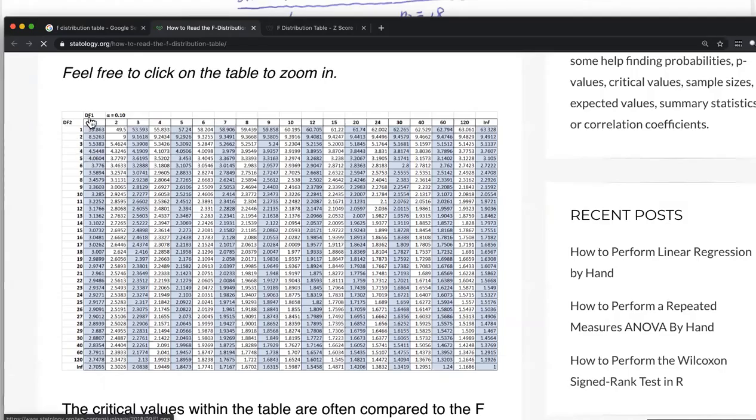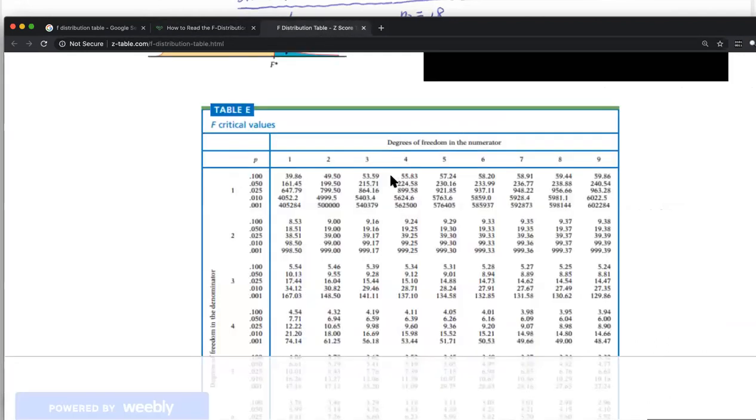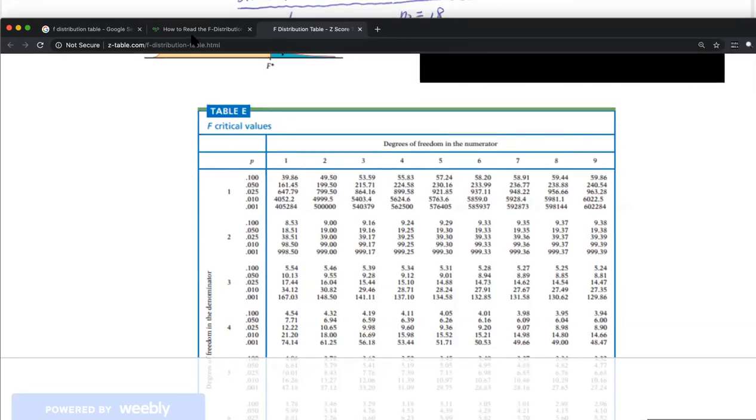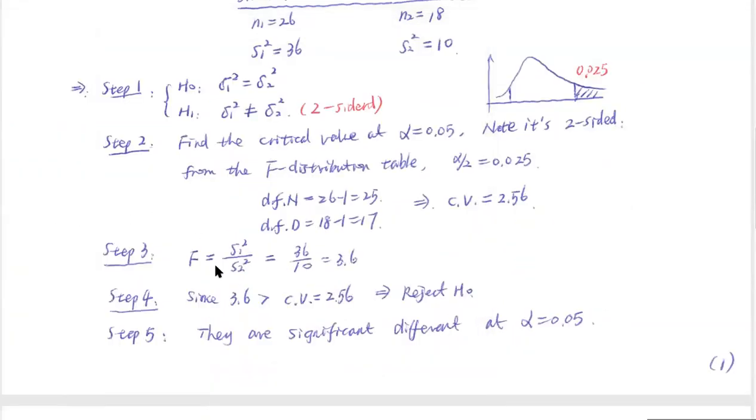So you have the DF1, the DF2, and you have alpha equal to 10%. What does that mean, right? Here, you have degrees of freedom, the DF1, which we call the degrees of freedom in the numerator, everybody, and the degrees of freedom in the denominator. So why do we have a denominator and a numerator?